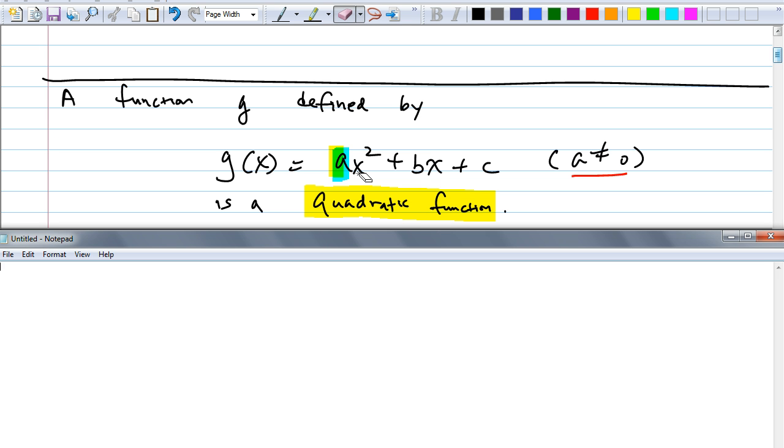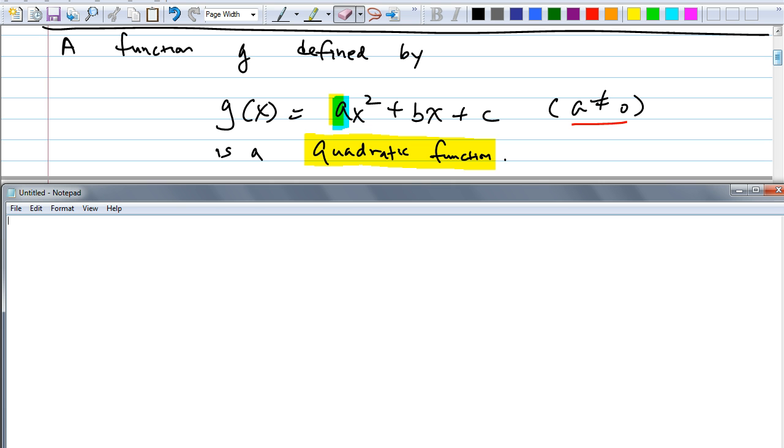It goes away, so it's not a quadratic function anymore. As a matter of fact, if a is 0, it just simply becomes a linear function, right? It's the same thing as mx plus b. Instead of m, you have b. Instead of b, you have c. So it becomes a linear function. So if it's a quadratic function, a can't be 0. Okay, so write that down.